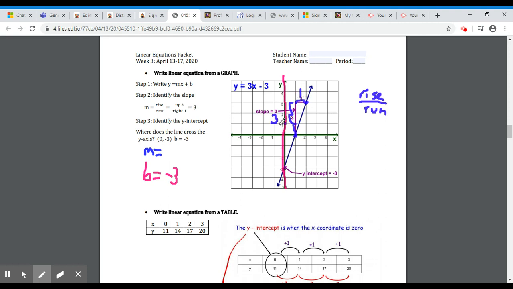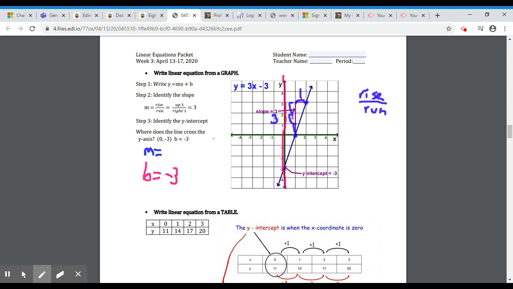Now, I want to double check my scale. Okay, good. It's going by 1. But remember, we always want to check that. And the other thing, like I told y'all last week, is you need to ask yourself, is this line going upward or is it going downward? It's going upward. So is that a positive or a negative slope? Positive slope. Again, we want to make sure that we recognize that, because that can throw off our slope.